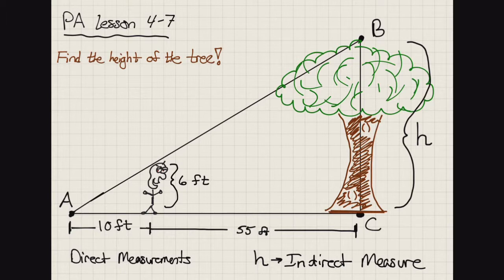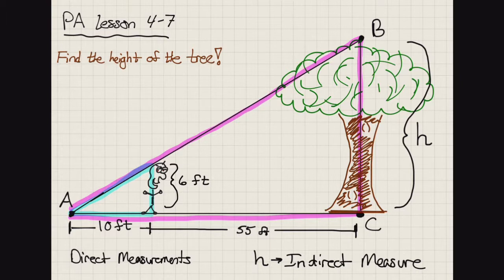Now, looking at this, I have what appears to be a small triangle right here. Okay? And I also have a large triangle right here. I can use what I know about proportions between similar figures to solve for the height of the tree.